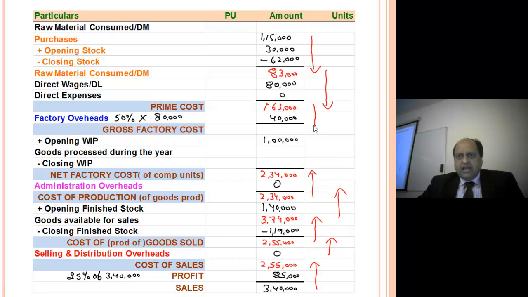I'll add 40,000, which will make it 2,03,000. I'll add 1,00,000, this will make it 3,03,000. Now it's okay. Now the missing figure you can find. How much should it be? 3,03,000 minus 2,34,000. It is 69,000.